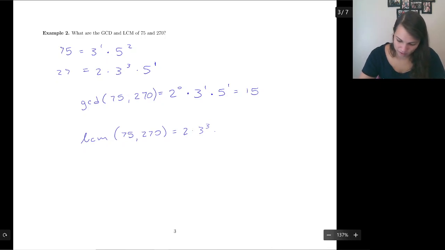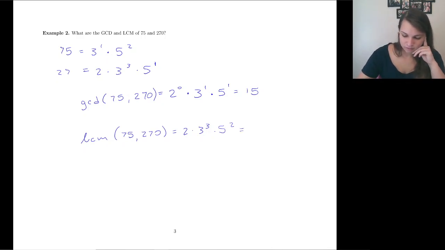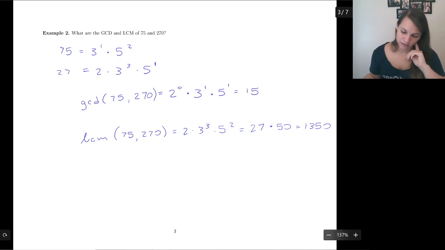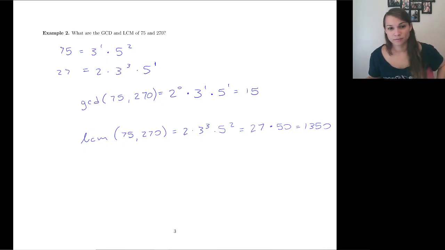And then we go and we look for the biggest power of 5's, which is going to be that 5 there, so 5 squared. And now we've got 27 times 75, no, times 50, which is 1350. All right, there you go.